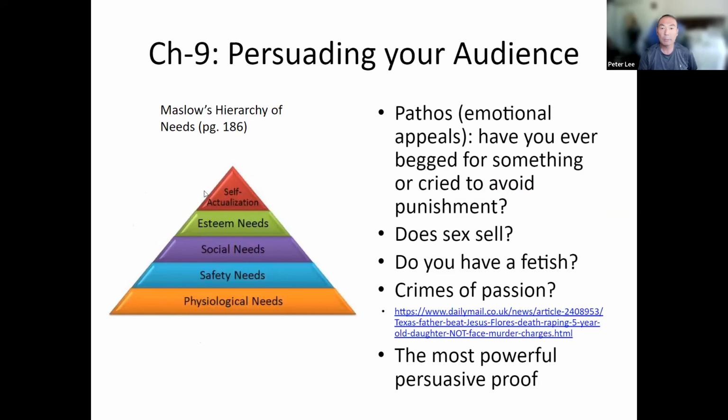Maslow's hierarchy of needs, talking about pathos and emotions. Maslow said that if you want to understand people's needs, you have to understand where they are on the hierarchy. A hierarchy is like a ladder. Very few people at the top, many people at the bottom, right? The bottom level is physiological needs, where you're fighting for food, air, and water. After you have physiological needs met, because you can't skip levels, right? You cannot make friends with social needs if you're always starving to death.